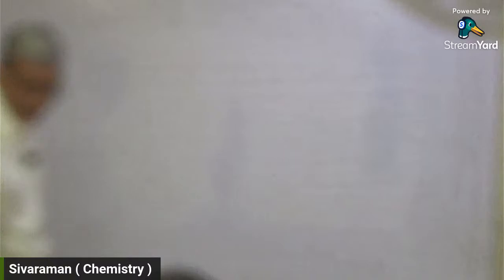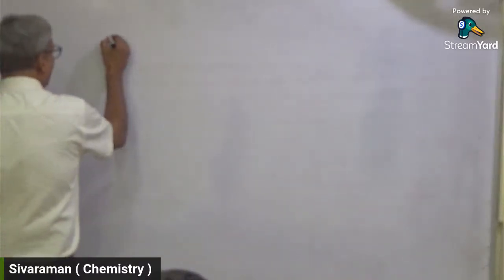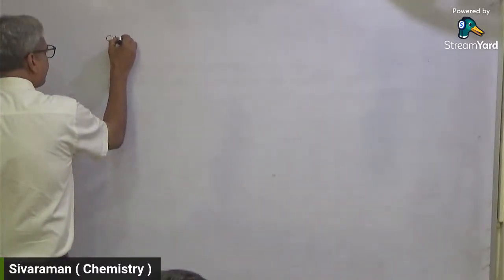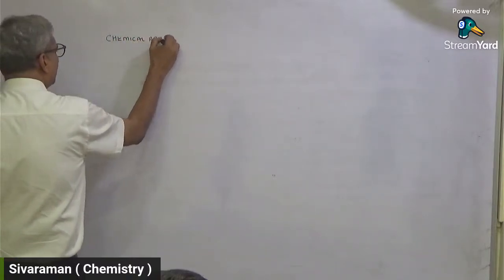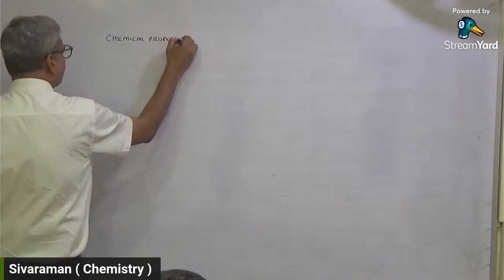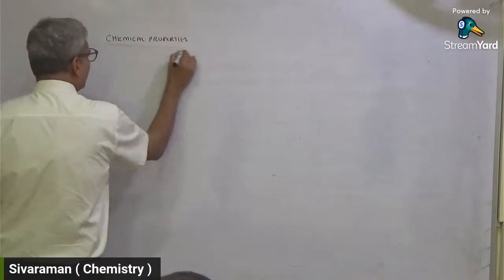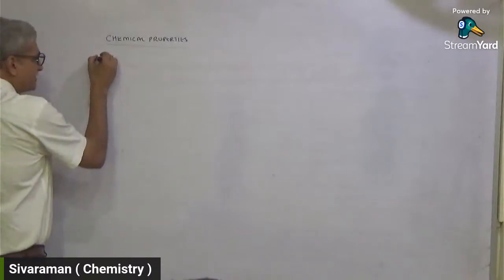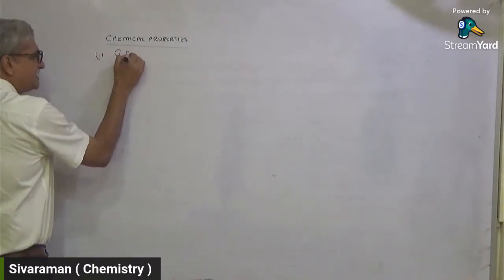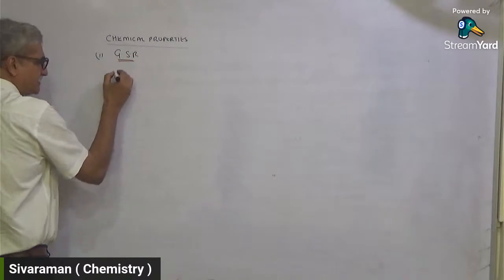Give scientific reason, oxygen. We are on chemical properties. When we talk of chemical property, listen carefully. First, you have to talk about GSR, give scientific reason.